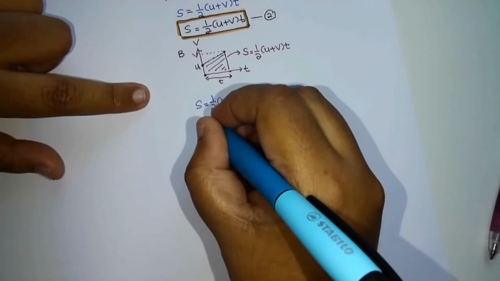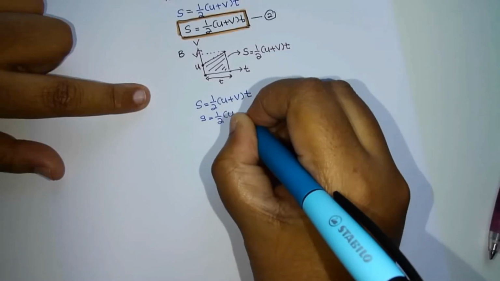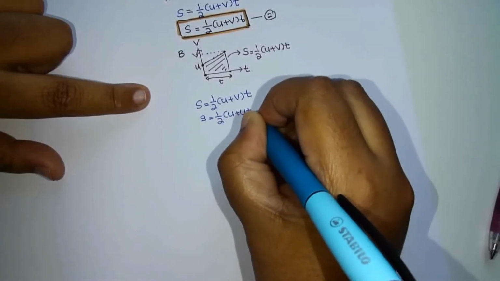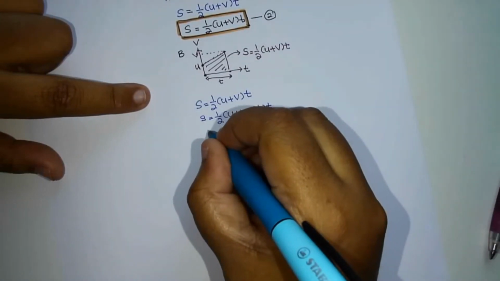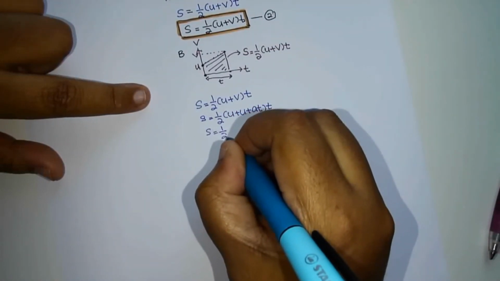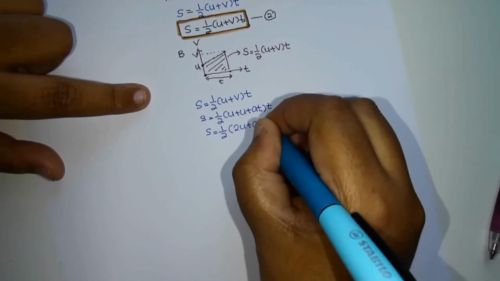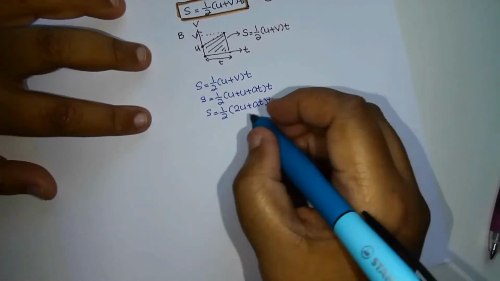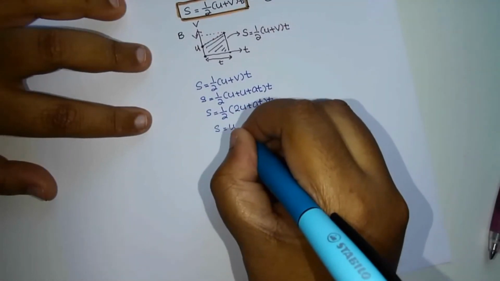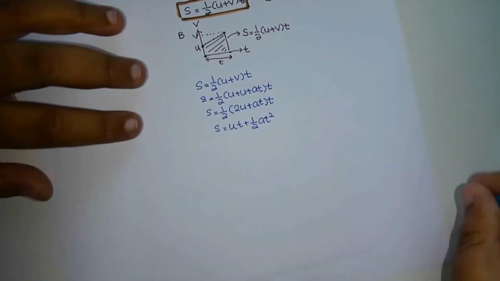So I get s equals half of u plus u plus at, times t, which is half of 2u plus at, times t. Solve this and you get s equals ut plus half at squared.